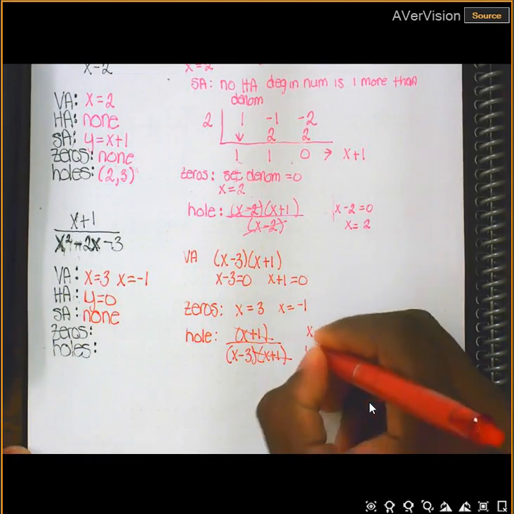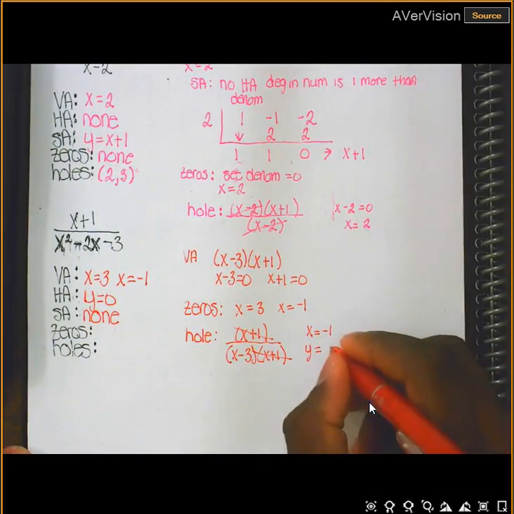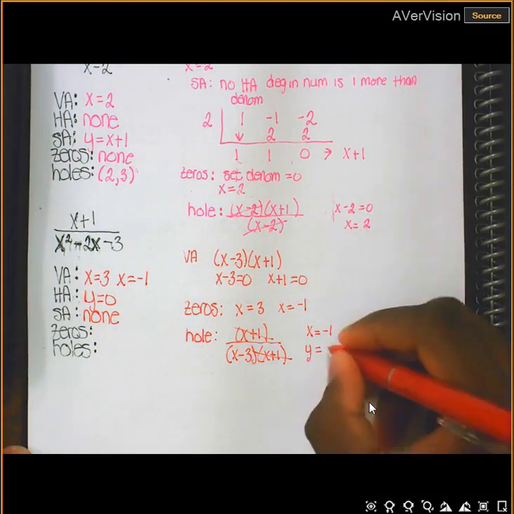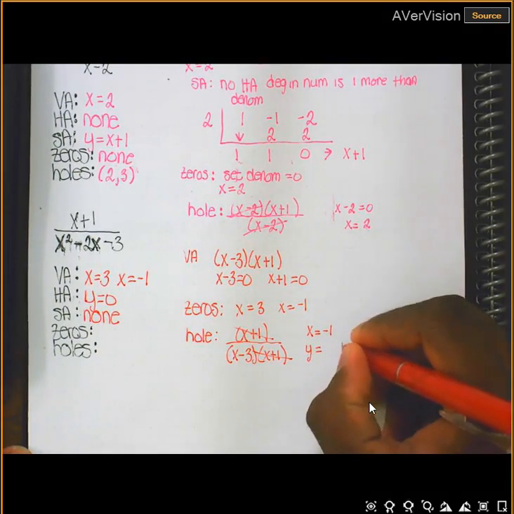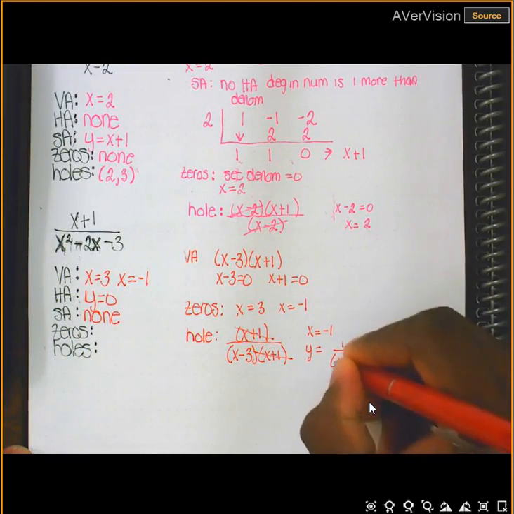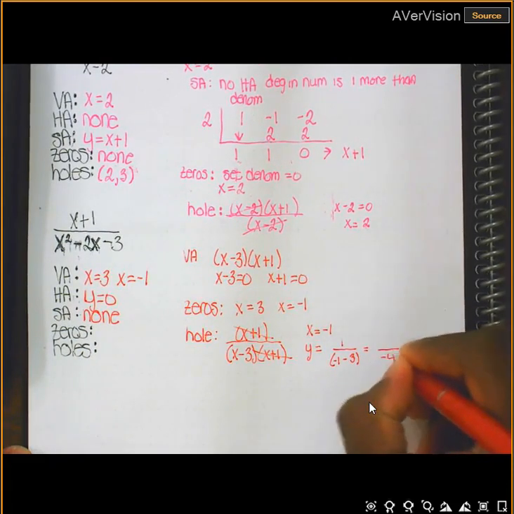What would the y value be for that? So to find the y value, we have to plug it into whatever's left. Yeah, the denominator is -4.